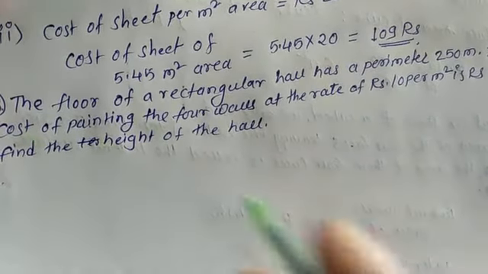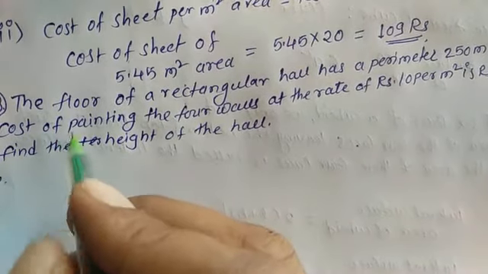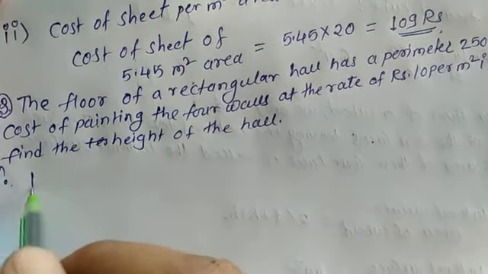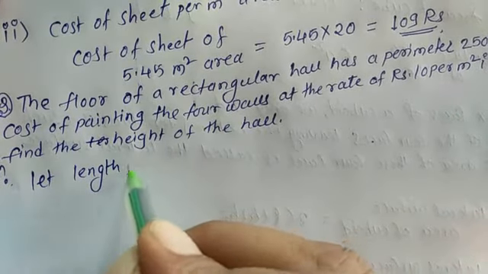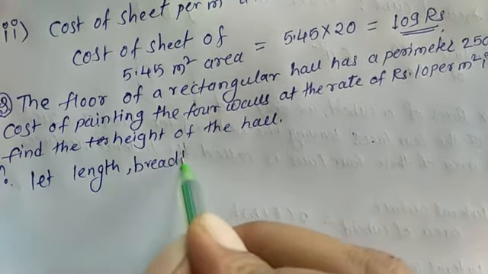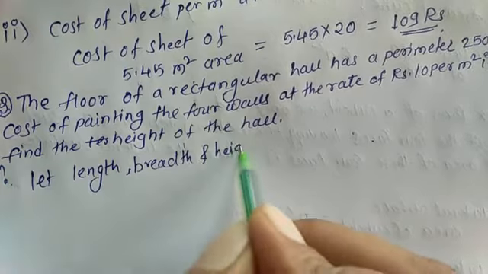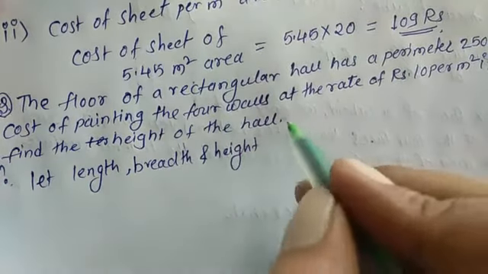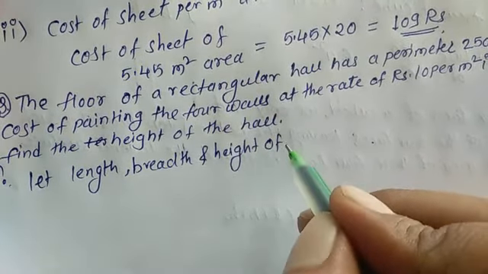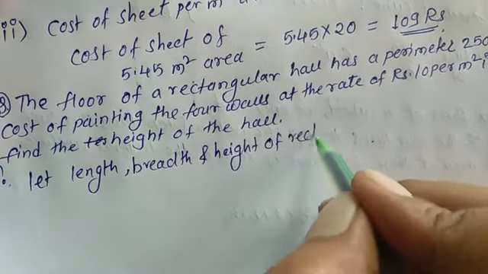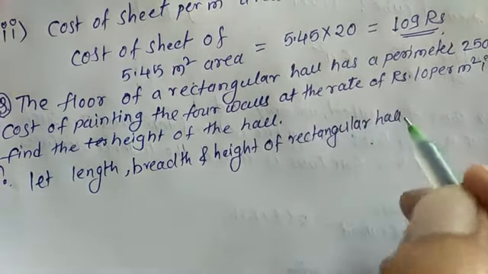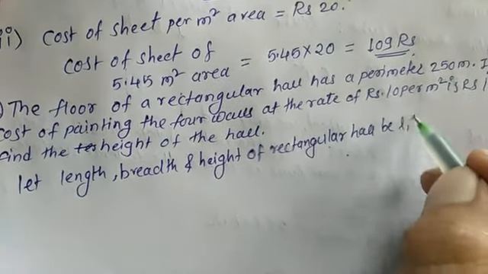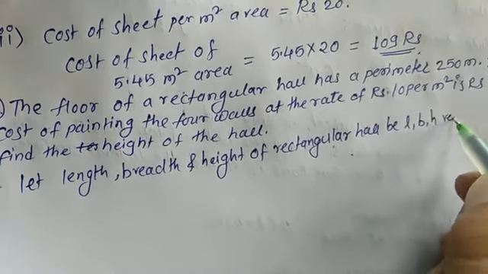Let length, breadth and height of a rectangular hall be L, B and H respectively.